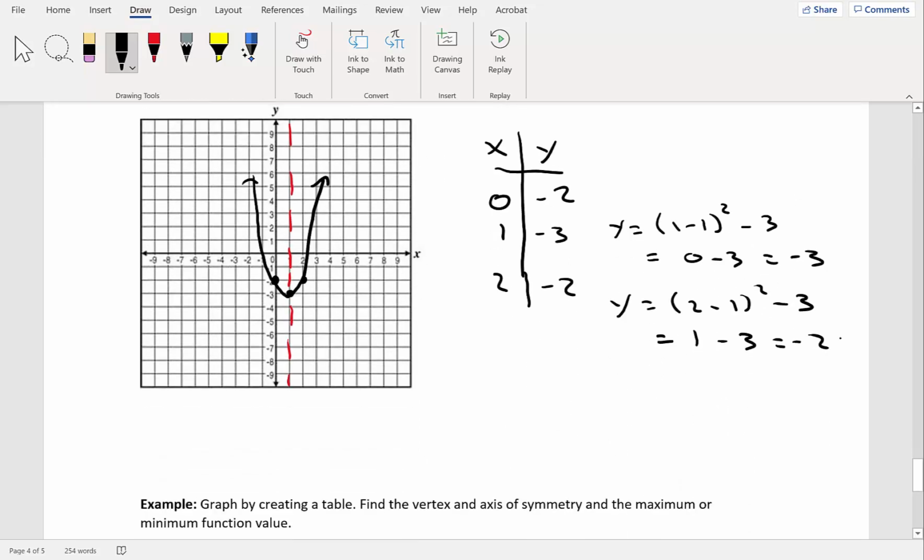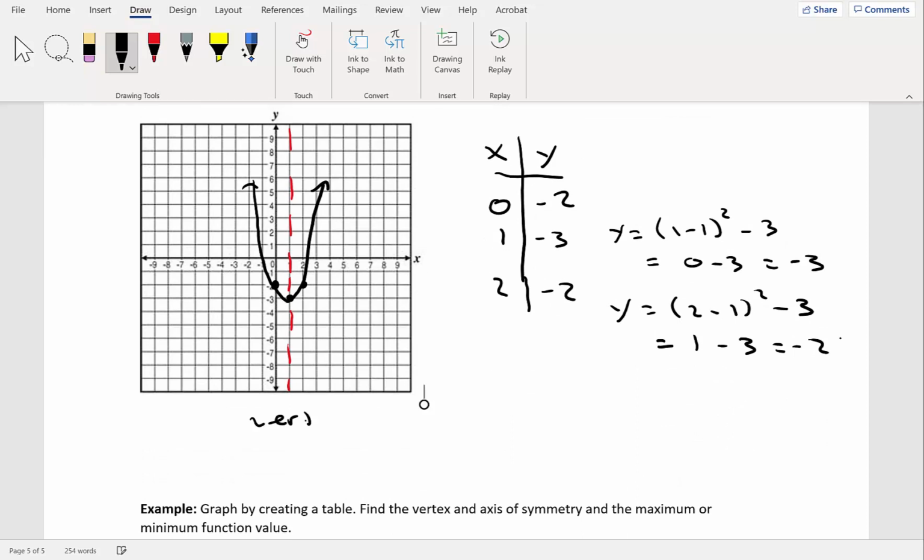So let's label the vertex. My vertex here is 1, negative 3. Axis of symmetry is x equal to 1. And now we have to determine if this is a maximum function value or a minimum function value.